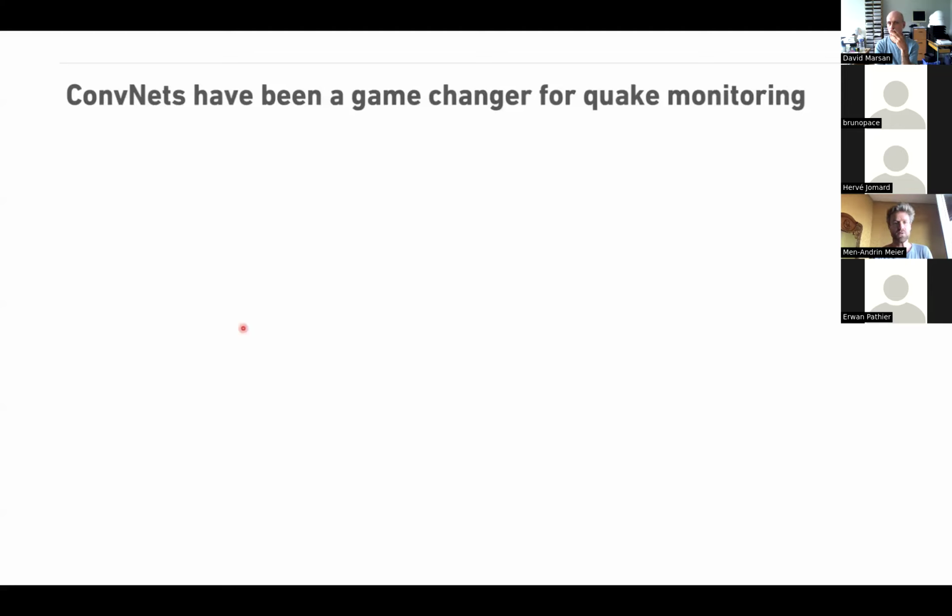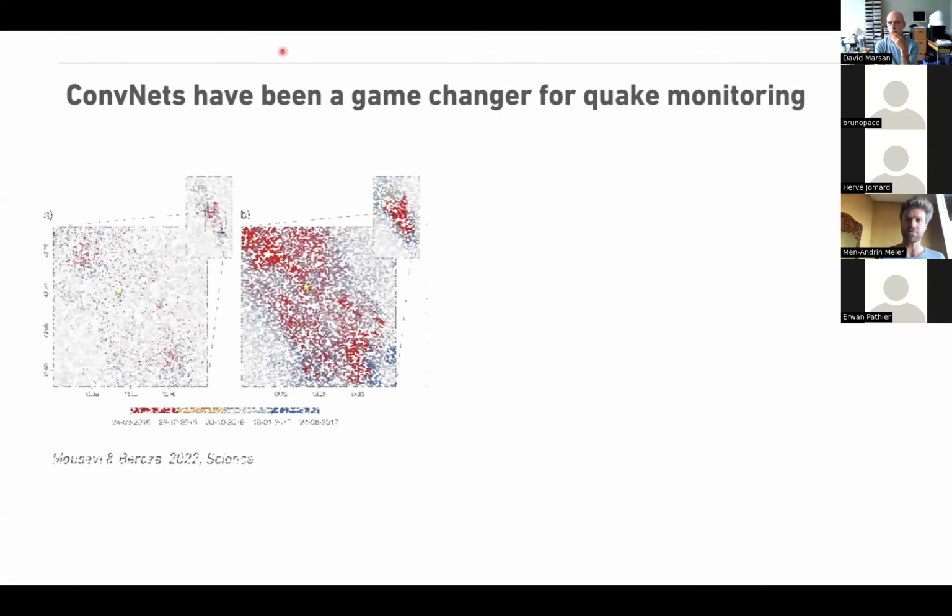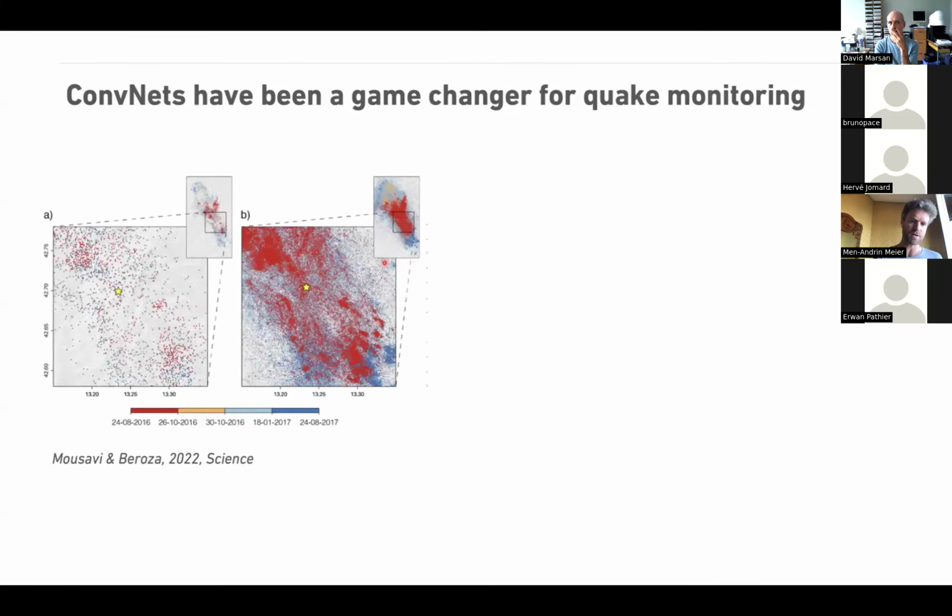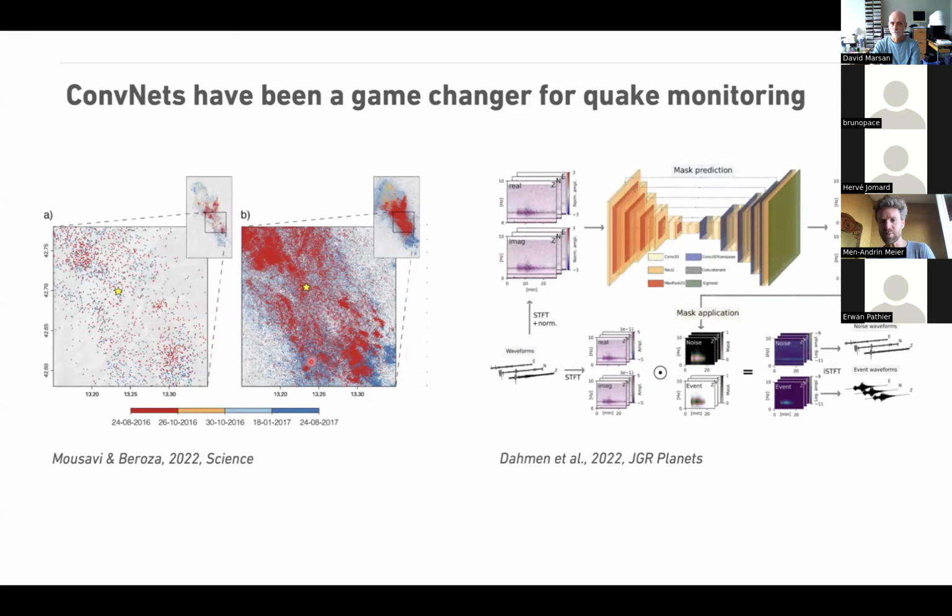So convolutional neural networks, or ConvNets, have been really a game changer for quake monitoring. I already showed the Central Apennines example with the PhaseNet algorithm. That's a convolutional neural network phase detector. Another example that I'm briefly going to show is a fully convolutional signal denoiser that you can train to separate, in some input waveform, the noise from the data.